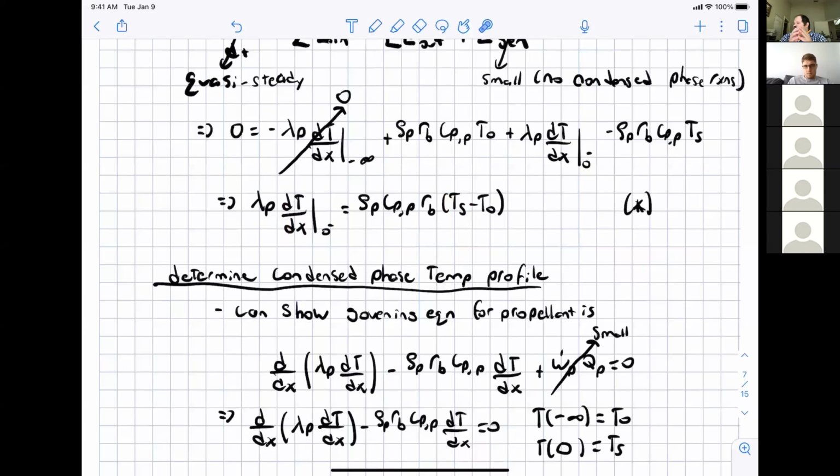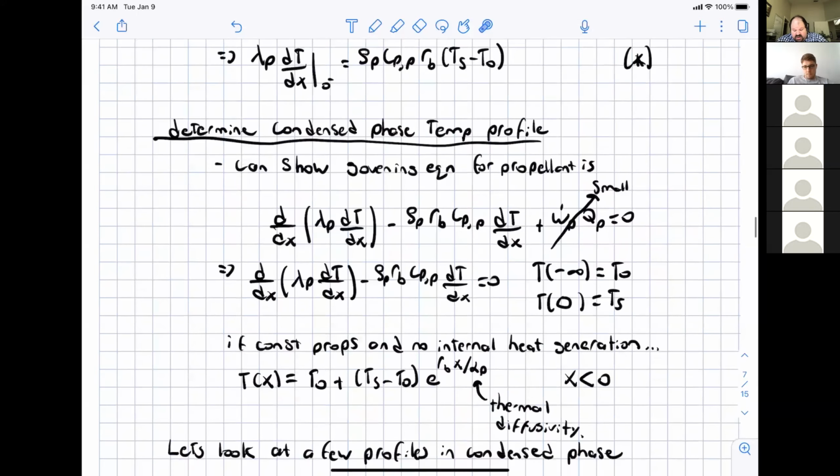But I'm going to integrate the condensed phase temperature profile, because you can learn a lot from that for a burning propellant, and that will have consequences for rapid transient events.